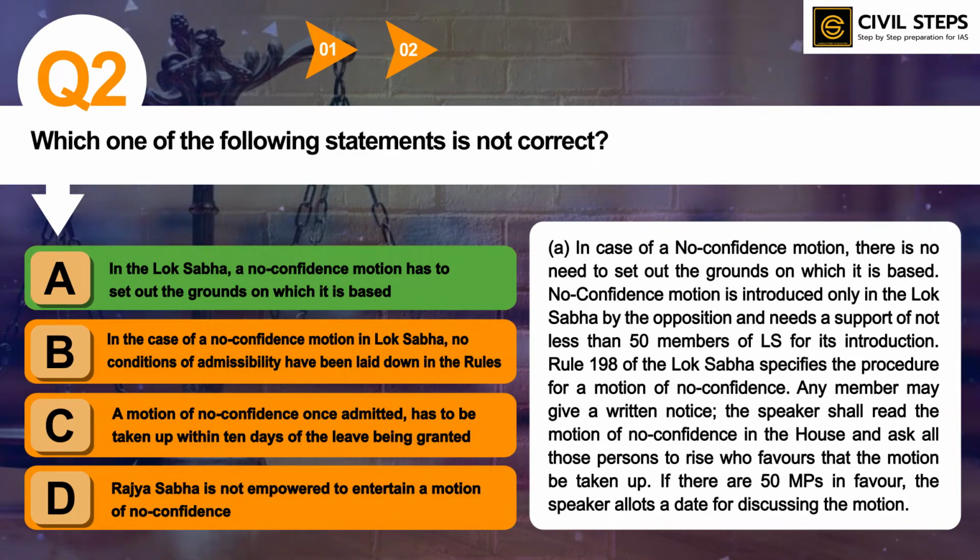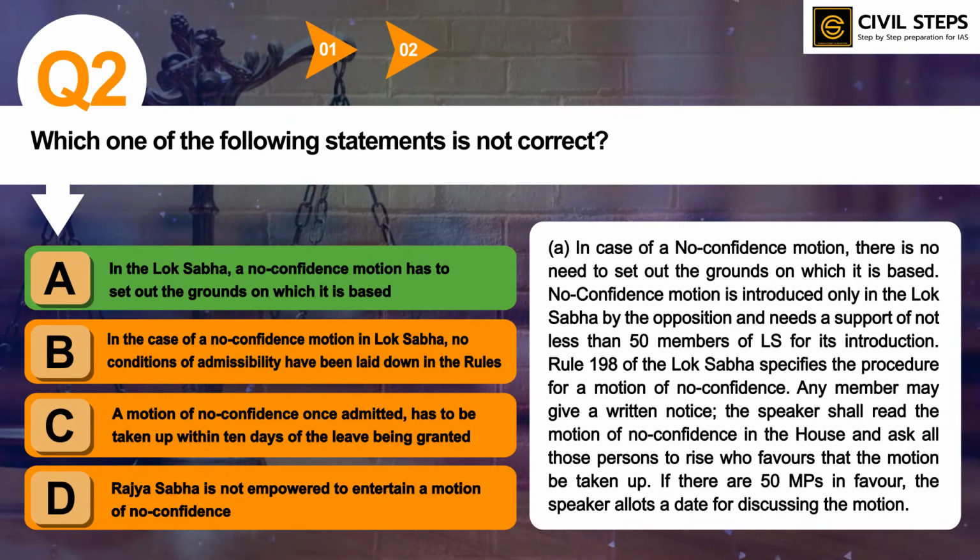Any member may give a written notice. The Speaker shall read the motion of no confidence in the House and ask all those persons to rise who favor that the motion be taken up. If there are 50 MPs in favor, the Speaker allots a date for discussing the motion.